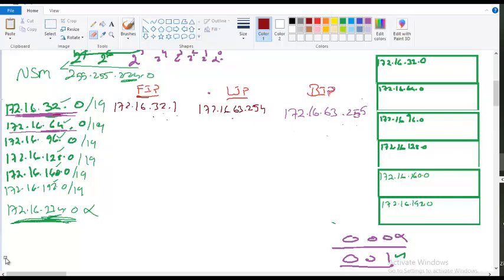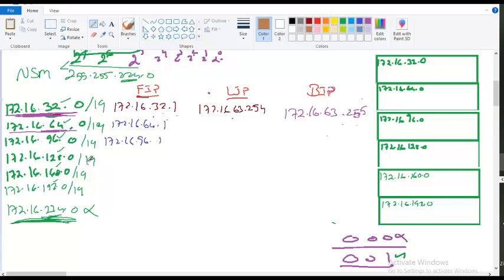Right. So we got the first network and the first network's first IP, the last IP, and the broadcast IP. Likewise, we are going to now write the first, last, and broadcast of each department. For department 2, the first IP will be 172.16.64.1, and next department 172.16.96.1.